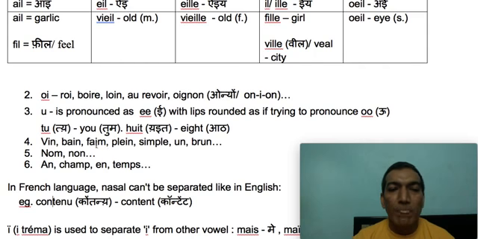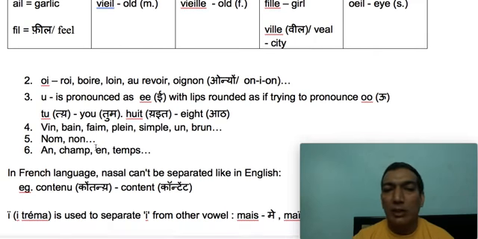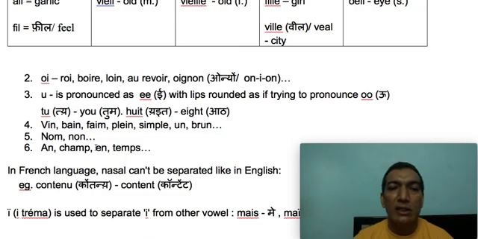So faim, which means hunger. Whenever we are hungry, we say j'ai faim, which means I am hungry. Then plein, P-L-E-N. Plein means full, F-U-L-L.